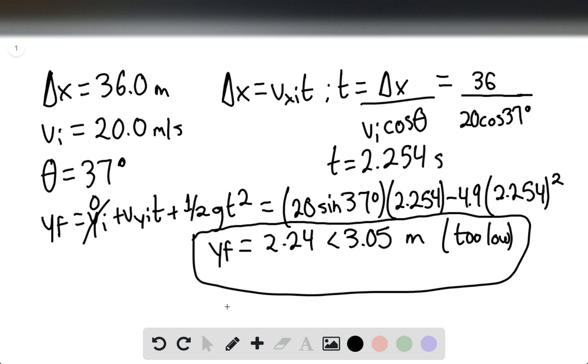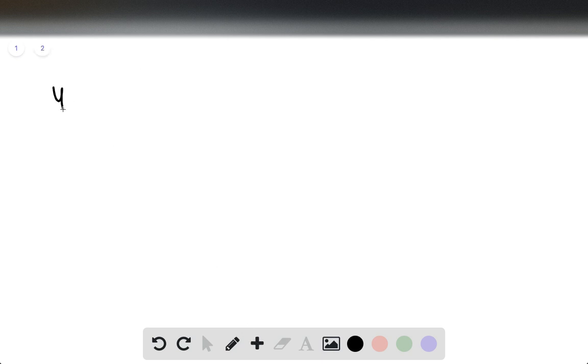Now, the question is asking us what x distance is needed in order to make the field goal, and we first need to find a time. So we can say y final equals y initial plus vy initial t plus 1/2 of g t squared.